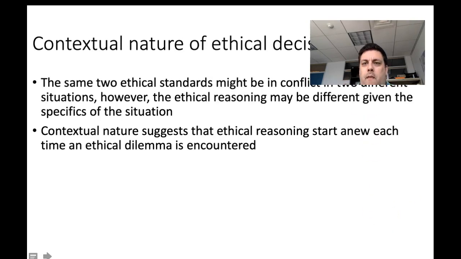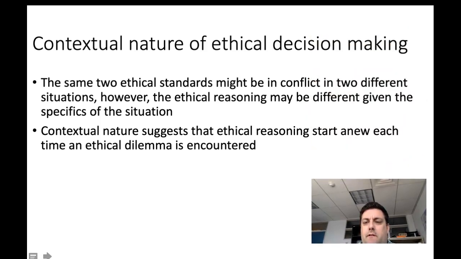So the contextual nature of ethical decision-making simply means that the same two ethical standards might be in conflict in two different situations. However, the ethical reasoning might arrive at different conclusions based on the specifics of that situation.